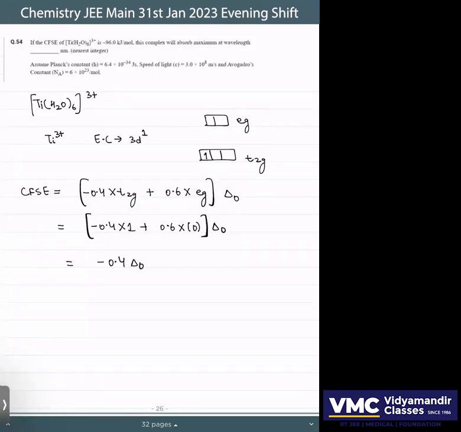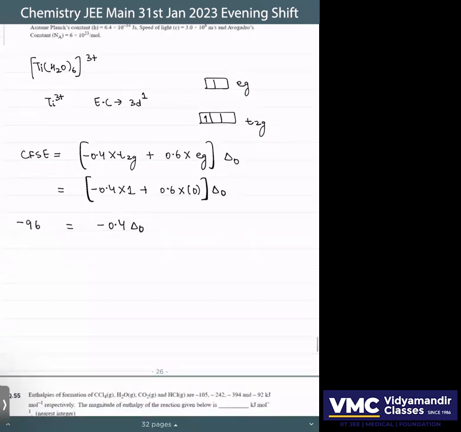And its value given to us is minus 96 kilojoule per mole. We'll convert it into joules, and it is given for 1 mole, so we'll divide by 6 into 10 to the power 23. Correct?